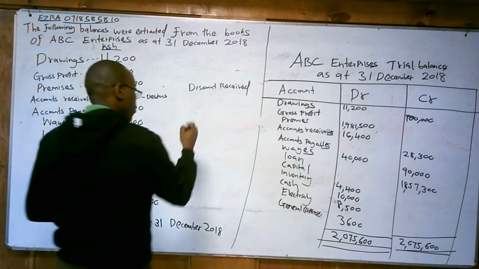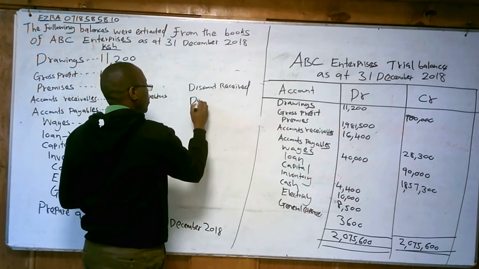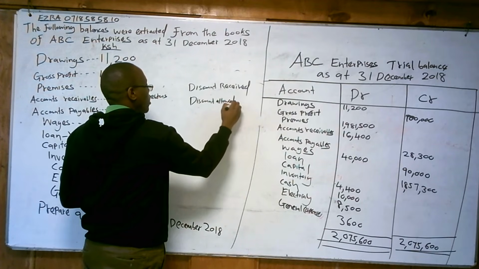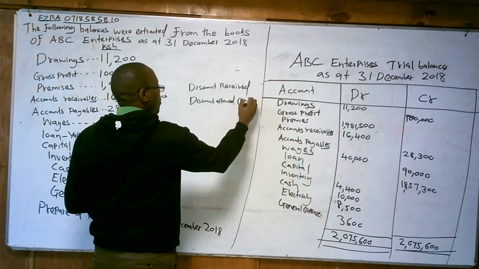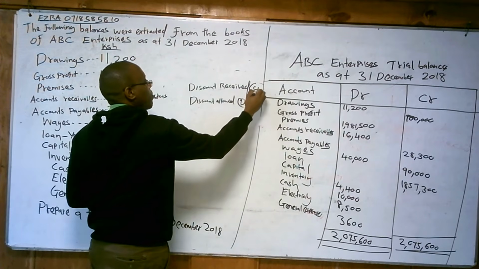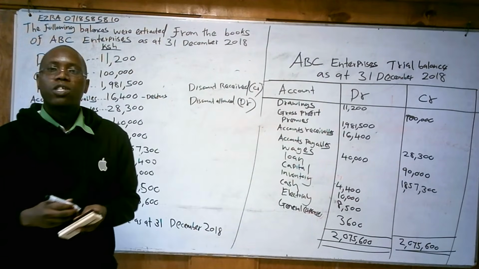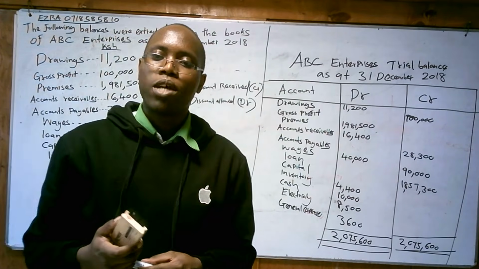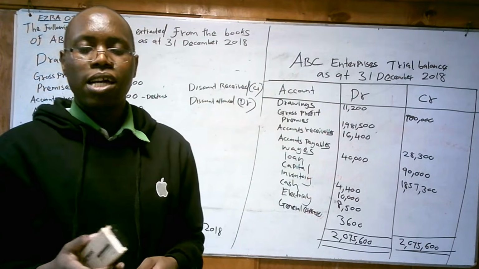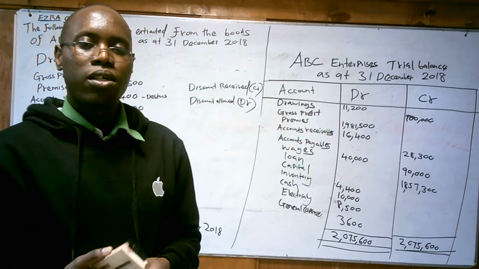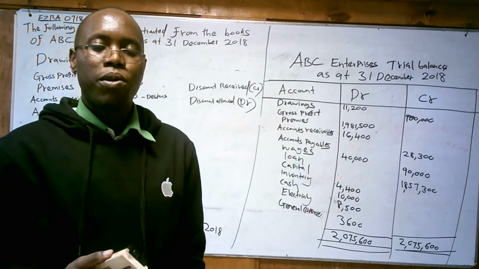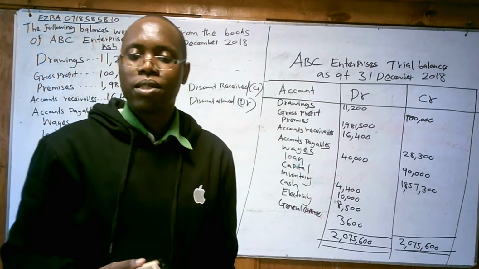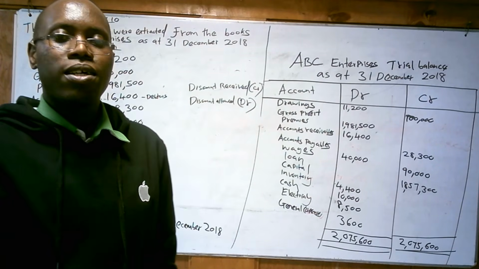When we talk about discount allowed, it is an expense and it's going to be debited, but this discount received is going to be credited. So the discount allowed, we are going to debit it because discount allowed is actually an expense. Discount received is an income.